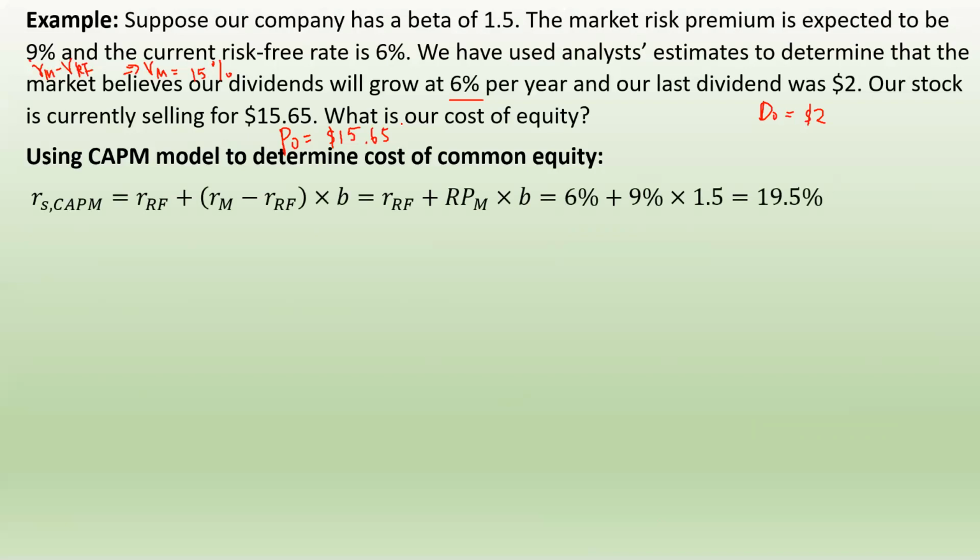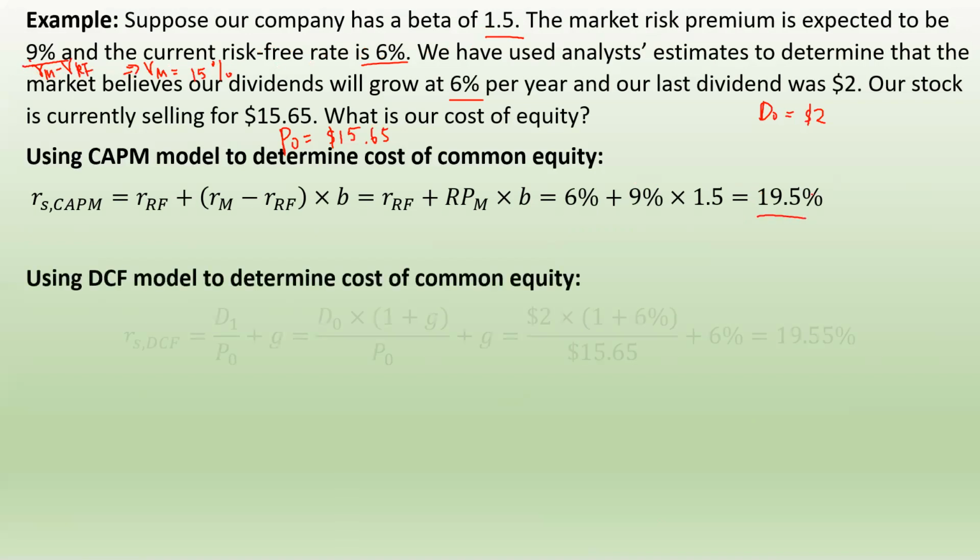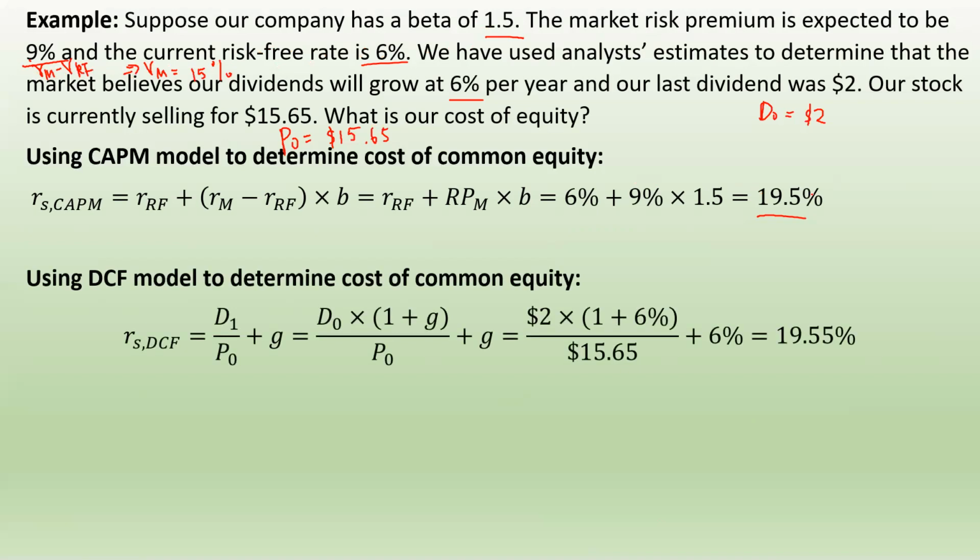Use CAPM, so we use this beta, risk-free rate, and the market risk premium. We found that the cost of equity is 19.5%. Use DCF, we found the cost of equity is 19.55%.